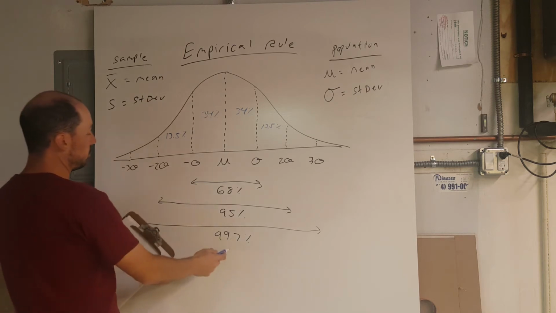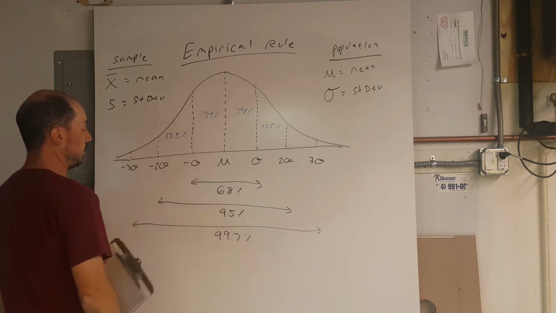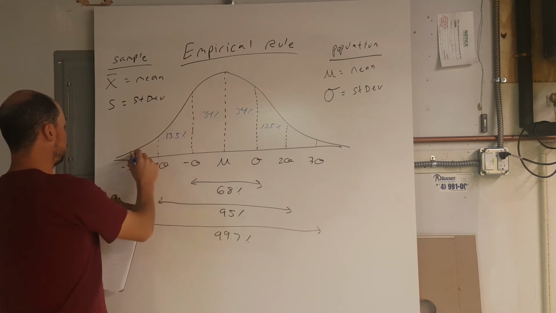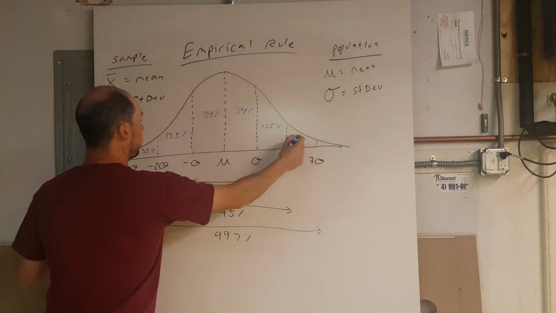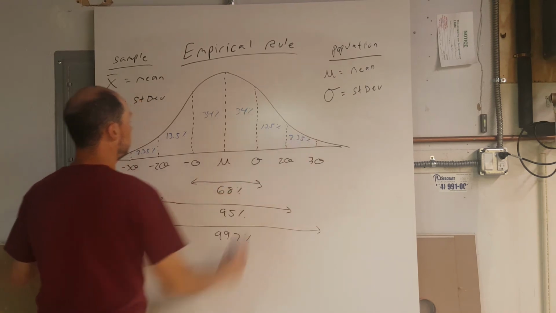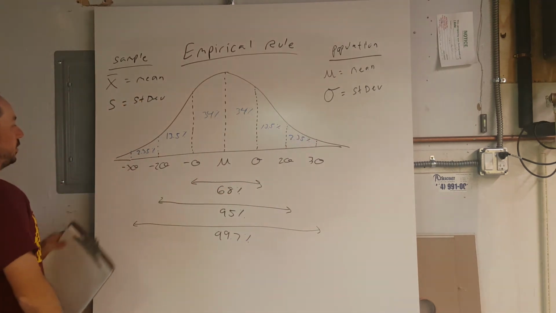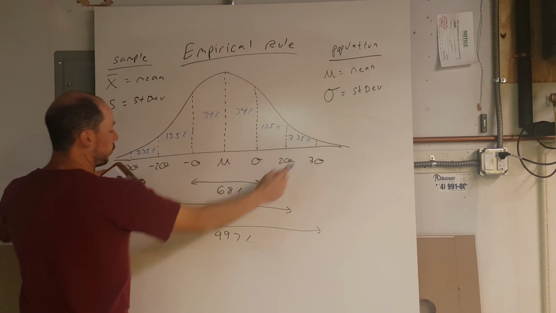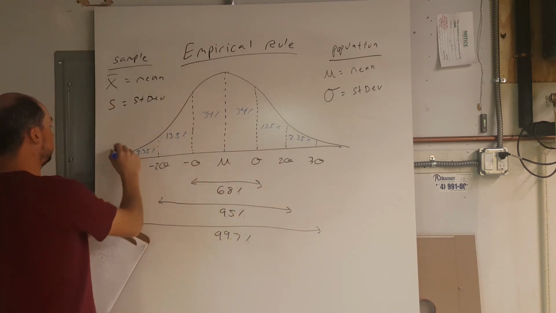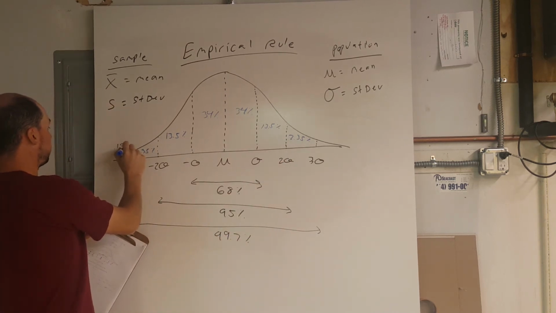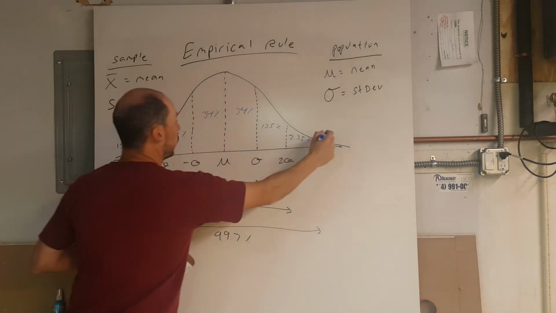Then 99.7 minus 95 is 4.7%, so it'll be 2.35% and 2.35%. And these last 2 sections combine for only 0.3% of your data, so 0.15% and 0.15%.